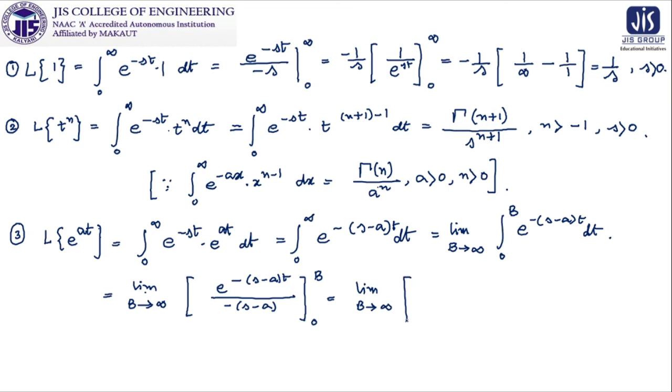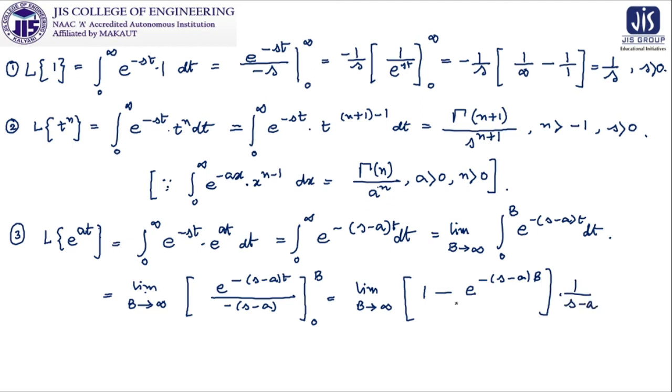We are going to substitute b first, so we will get it as 1. If we put 0, you will get 1 over here, and 1 by (s minus a) I have to take common. After that, minus e to the power minus (s minus a) b into 1 by (s minus a).